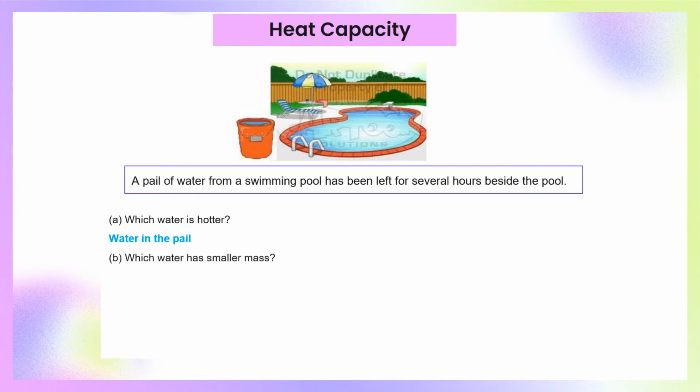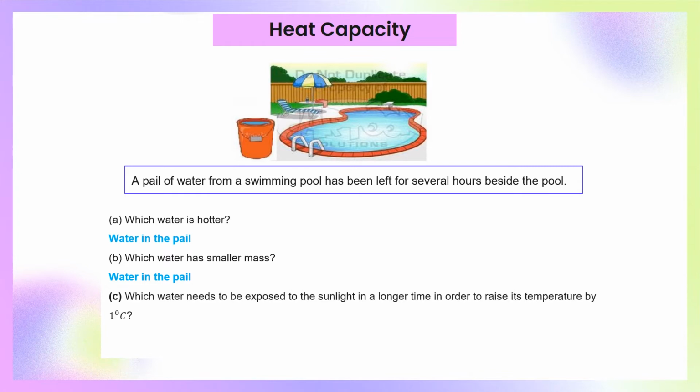Okay, the next question is, which water has smaller mass? The answer is water in the pail, as I mentioned just now. Okay, the next question is, which water needs to be exposed to the sunlight for a longer time in order to raise its temperature by 1 degree Celsius?